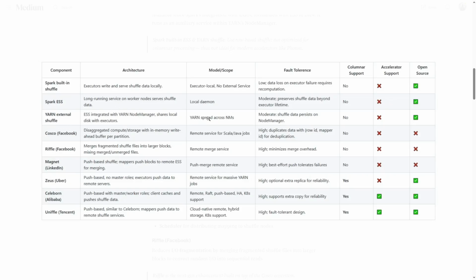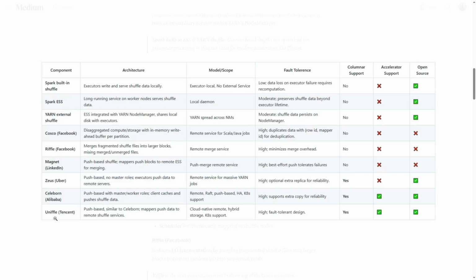Yarn's external service also has Yarn dependencies. Costco does not support any accelerator. Riffle does not support any accelerator. I will also have a video on accelerators, which are the solution to the problem of skew, shuffle, as well as the JVM issues that are there.